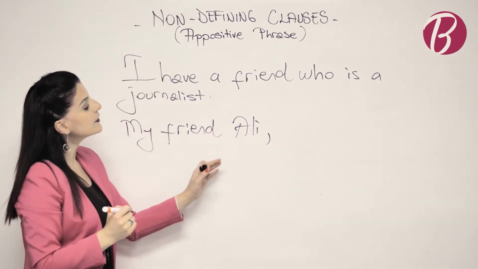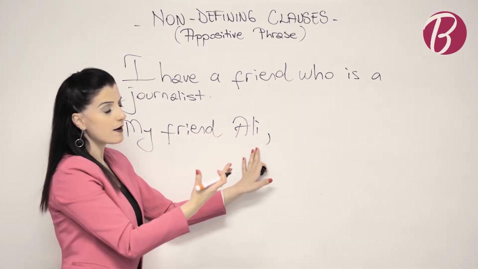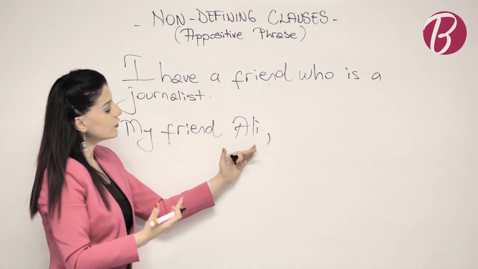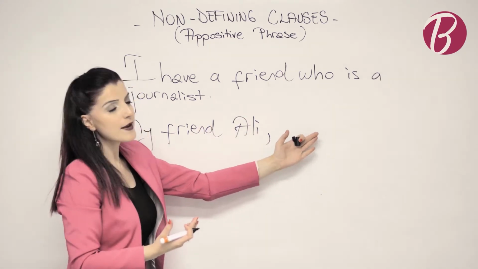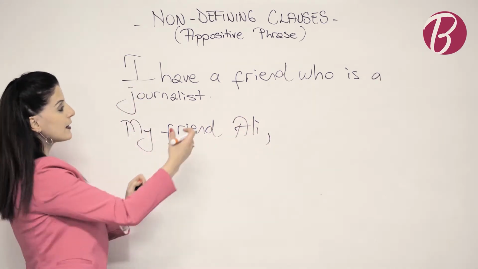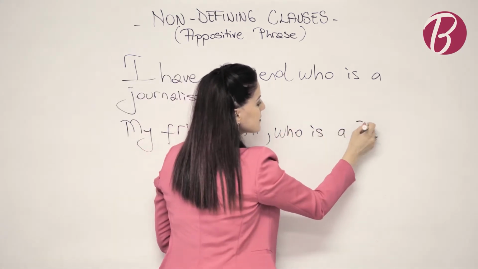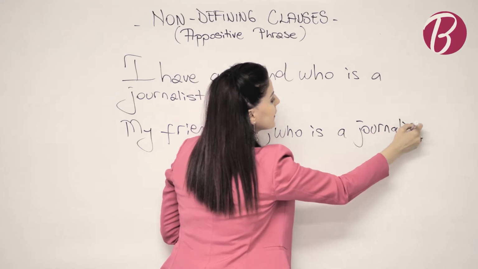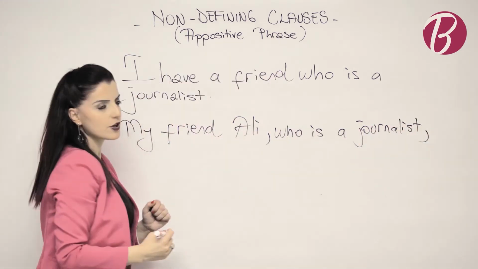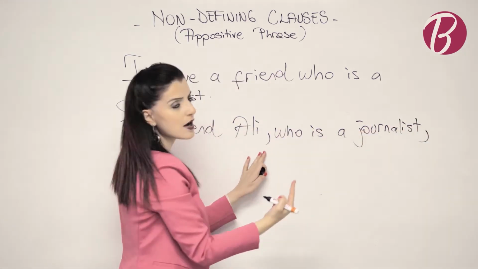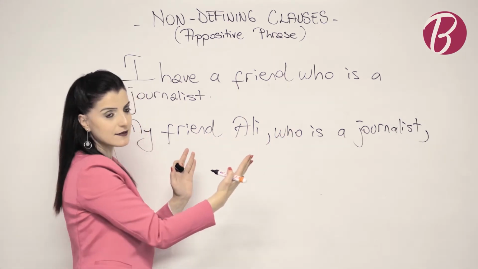And after Ali, you put a comma and you give some information about this guy, like who is a journalist. And after giving this information, you put another comma in order to close your sentence.